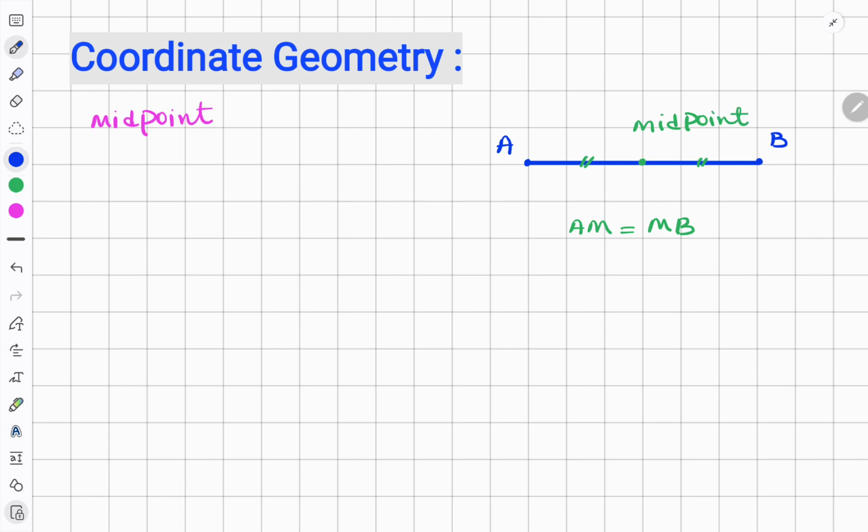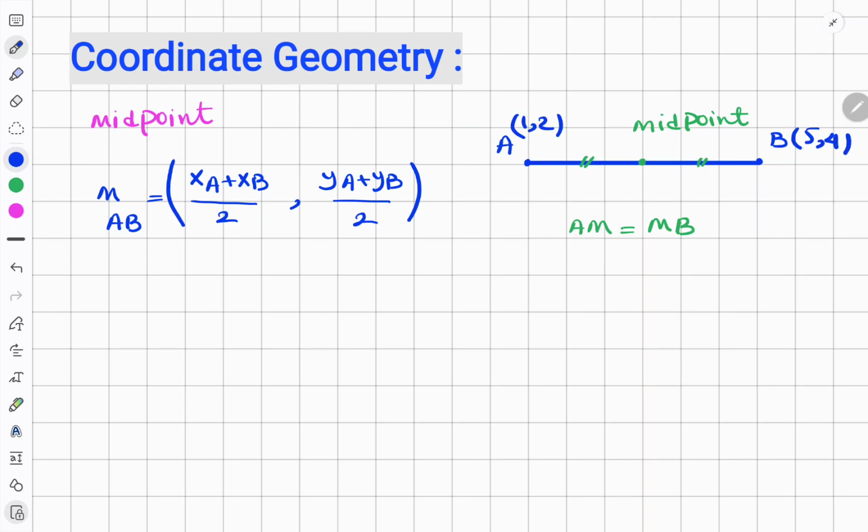And if we want to find the midpoint of AB, we just need to find the average of x's of A and B, x of A plus x of B over 2, which is the average of them, and the average of y's. As an example, A is (1, 2), B is (5, 4).